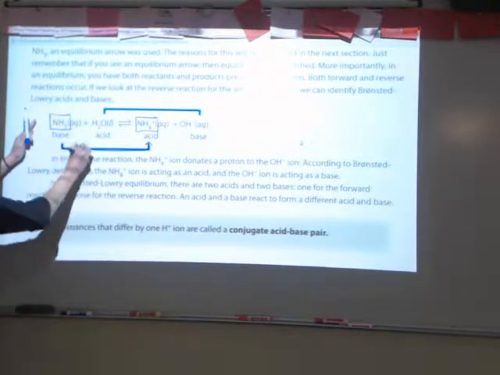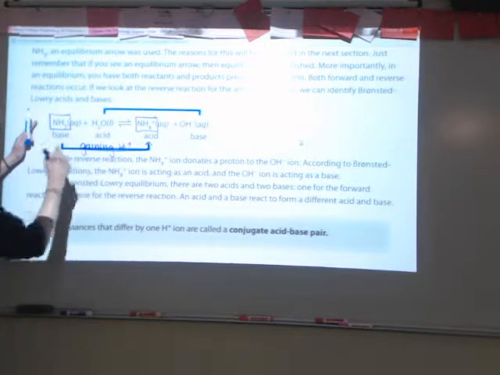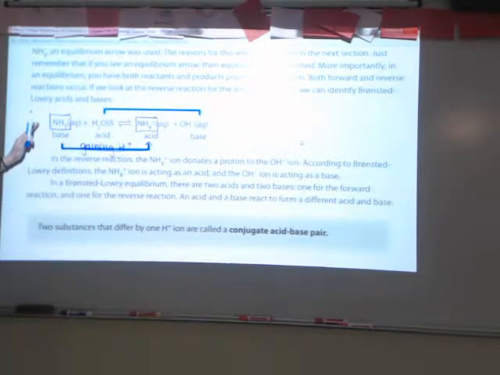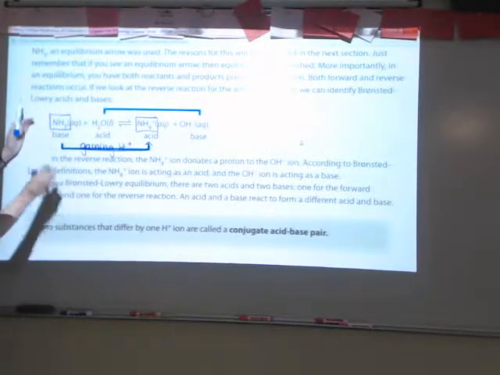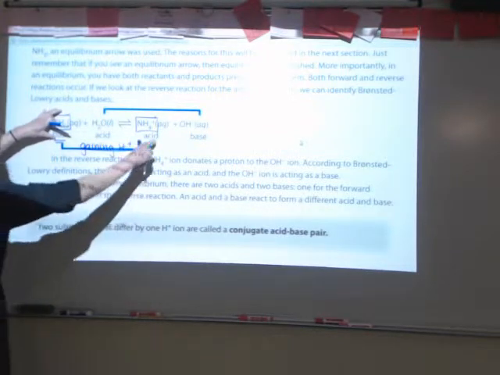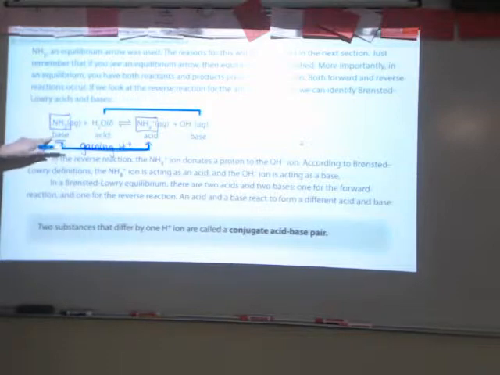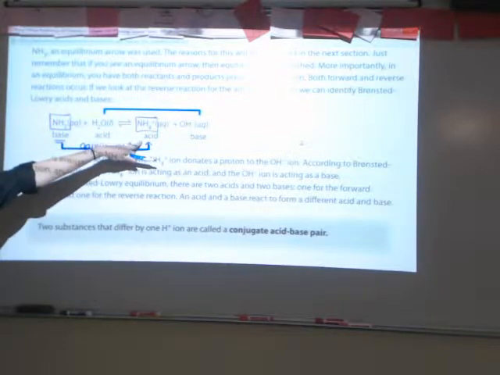Gaining. Okay, so I'm gaining a hydrogen. If I'm gaining a hydrogen, according to Bronsted-Lowry, that reactant is a base, okay? Whatever you label that reactant, its partner on the other side will be the opposite. So if this is a base, its partner on the other side would be an acid.